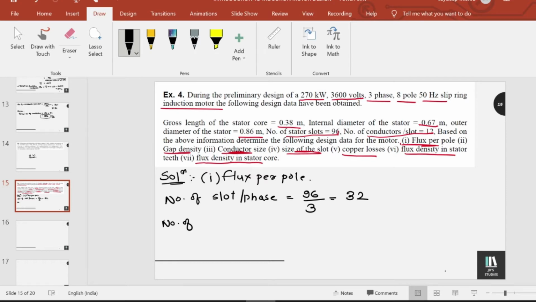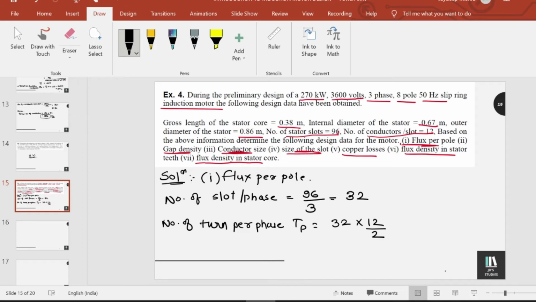The number of turns per phase, TPH, is the number of slots per phase, 32, times conductors per slot, 12, divided by 2.